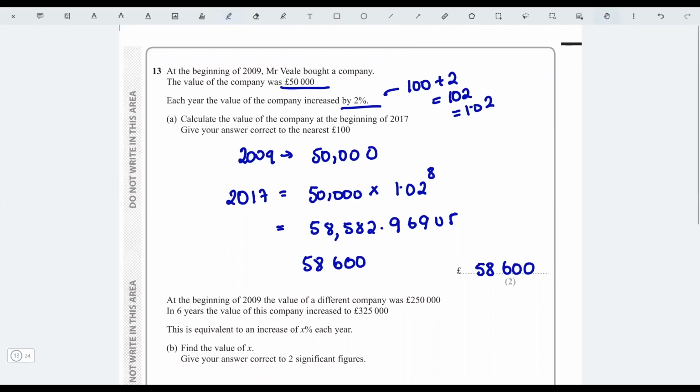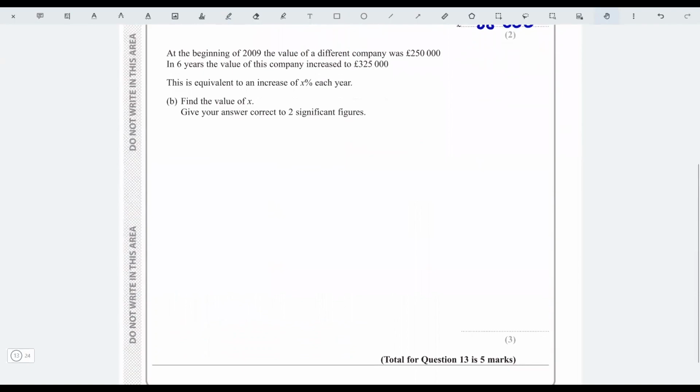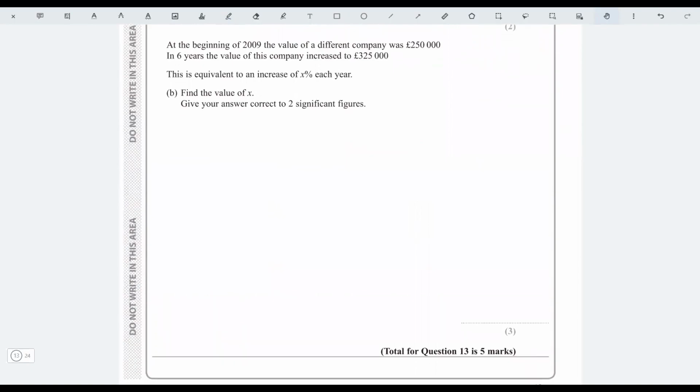Okay, so at the beginning of 2009, the value of a different company was 250,000. In 6 years, the value of this company increased to 325,000. This is equivalent to an increase of X% each year. Find the value of X. Give your answer correct to two significant figures.